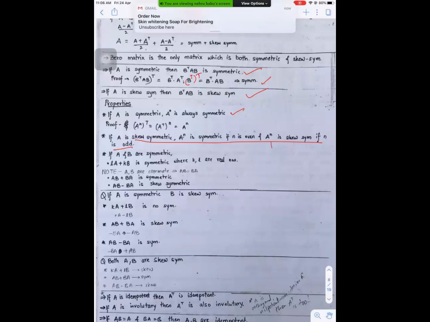Just based on this property, det of A power n equals 0 if n is odd and A is skew symmetric. This proof is based on this point only. Means a skew symmetric matrix of odd order is always singular. That is based on this det of A power n equal to 0.